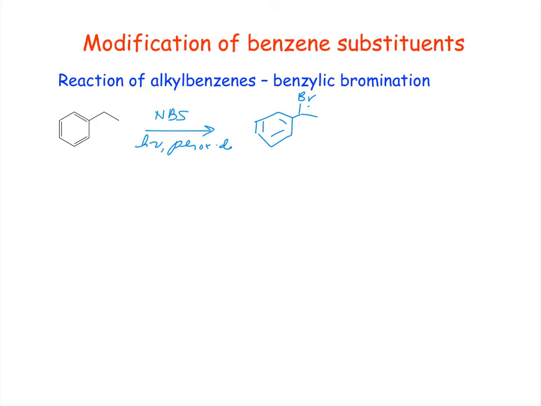So we could do the same chemistry with this. What else could we do in this case that we couldn't do with just benzyl bromide? Right, we could do an elimination reaction. If we treat this with a bulky base like tert-butoxide, we could do an elimination reaction. Do you remember what the name of this compound is? Styrene, good.